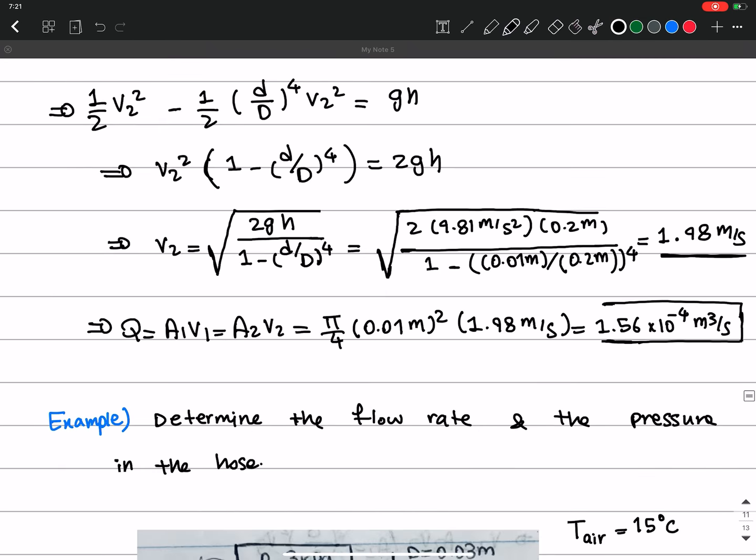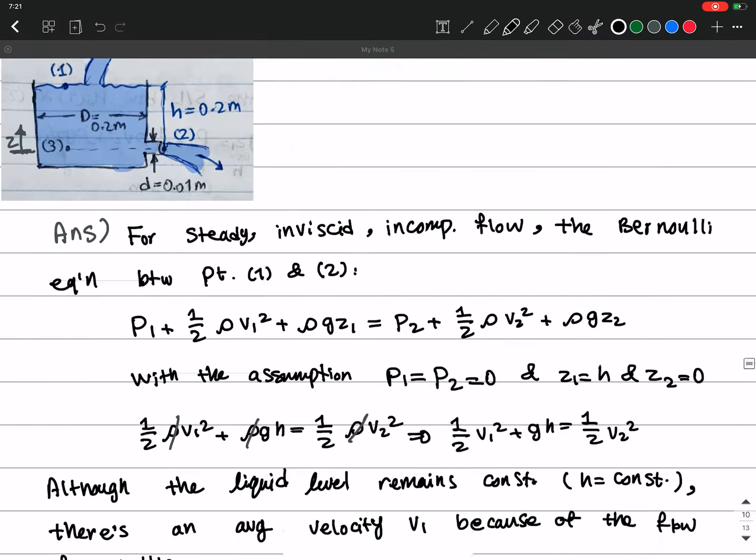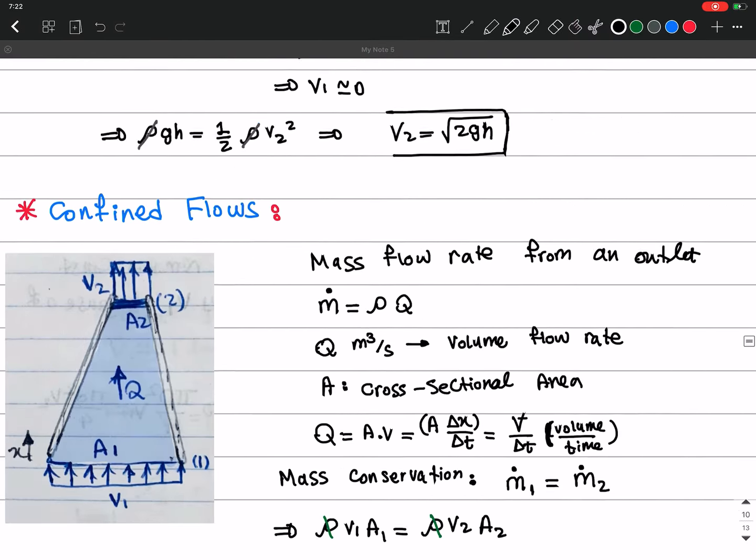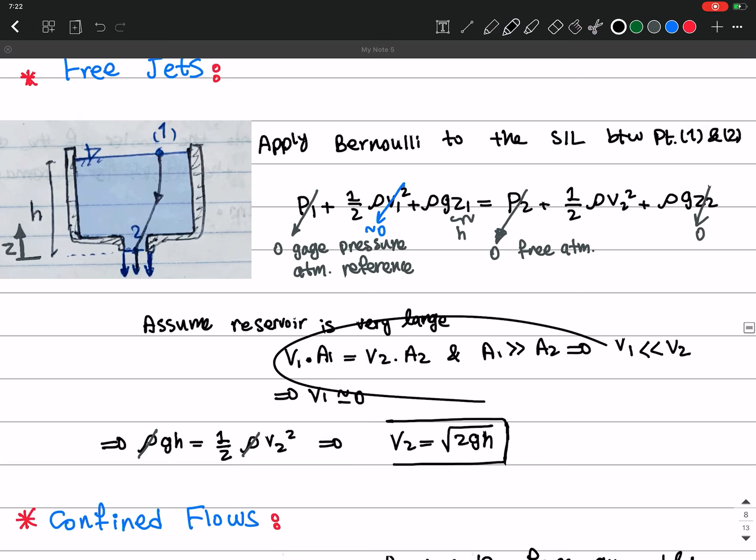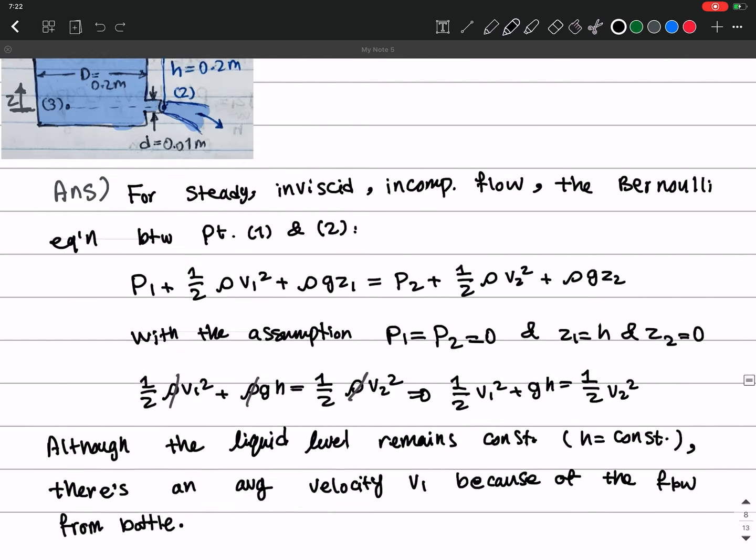And you can also look at our previous examples that we had before, like this one, right? When you have this much difference in the area between 2 points, you can write a continuity equation between those two. And so because A1 is much greater than A2, then V1 is going to be much smaller than V2, right?